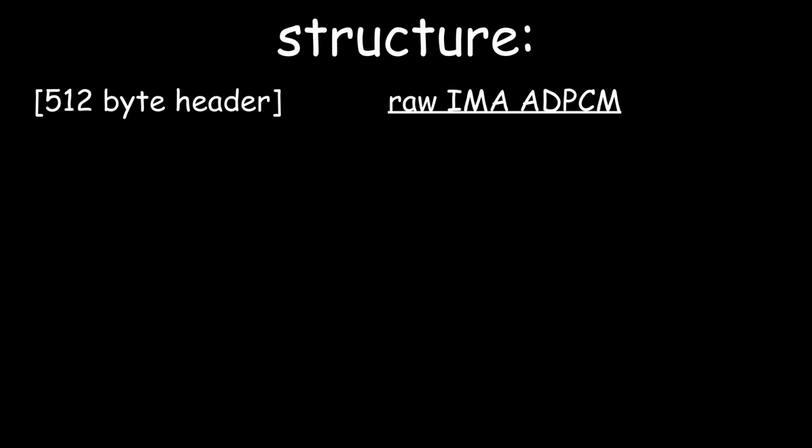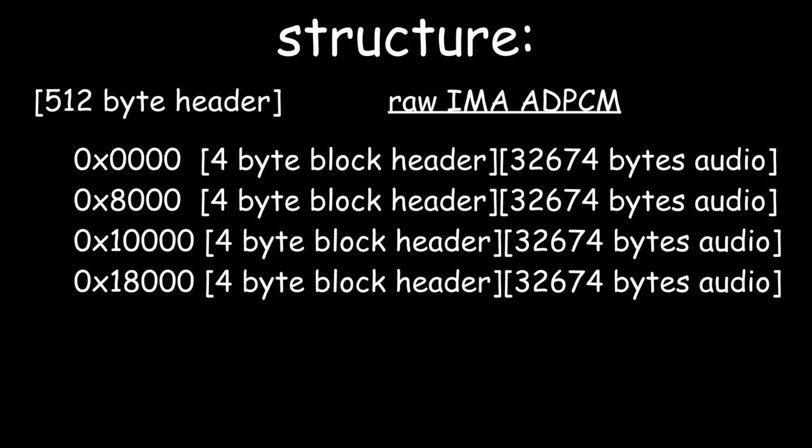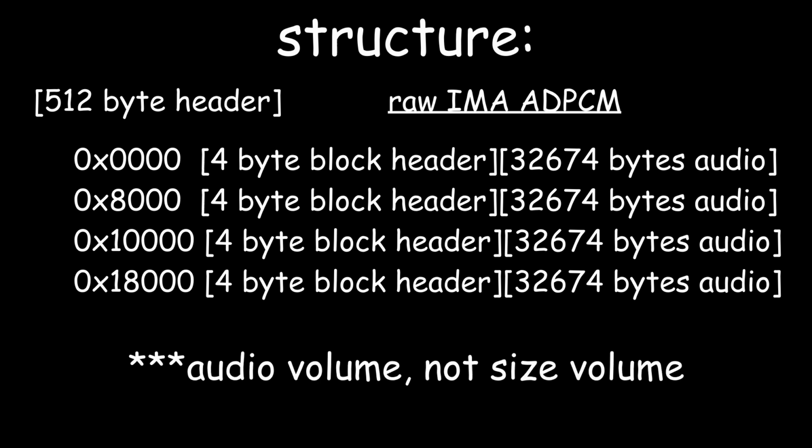This audio is grouped into 32,768 byte blocks, or to make that more simple, 0x8000 in hex. The first 4 bytes of these blocks are used as a header, and this header is used to compute the volume of the block.